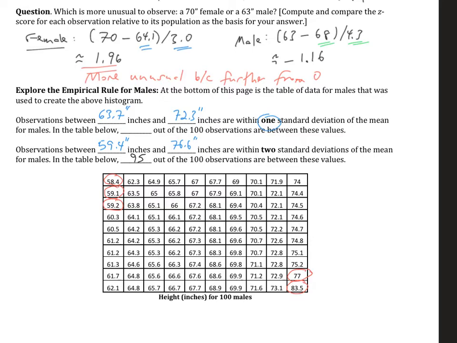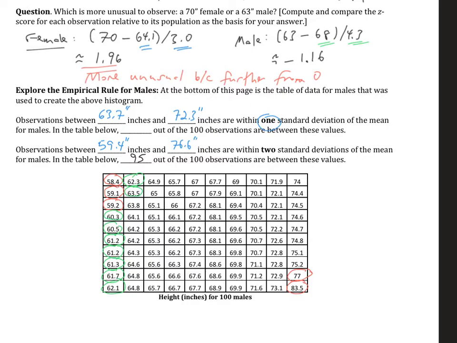So now if I look at the first statement, I can just continue my list of things that are not in between those 2, and I'll circle these in green. I'm going to circle the additional numbers that are not in between 63.7 and 72.3, these two values up here. So in addition to the red ones, these are not in between 63.7 and 72.3. So those are all the ones that are too small.